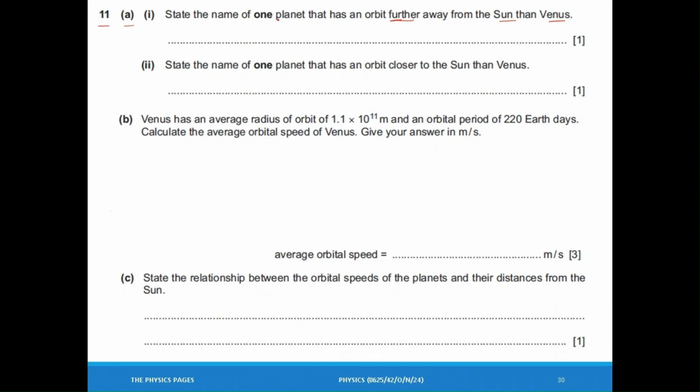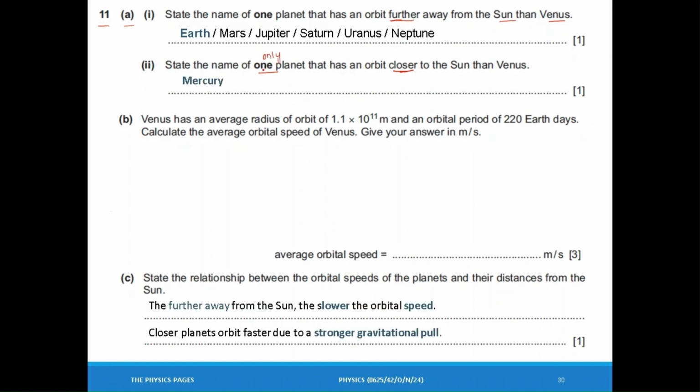First, we have to name the planet that orbits further away from the Sun than Venus. We can choose either Earth, Mars, Jupiter, Saturn, Uranus, or Neptune. The second part requires the name of one planet that has an orbit closer to the Sun than Venus. The only planet we should mention here is Mercury.